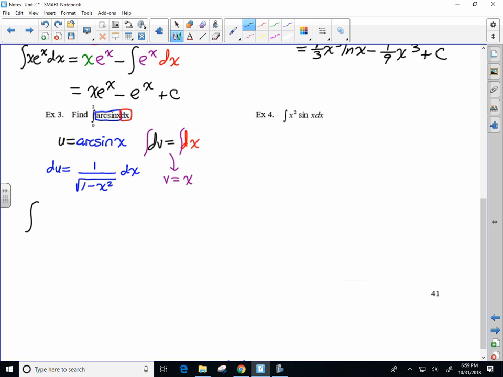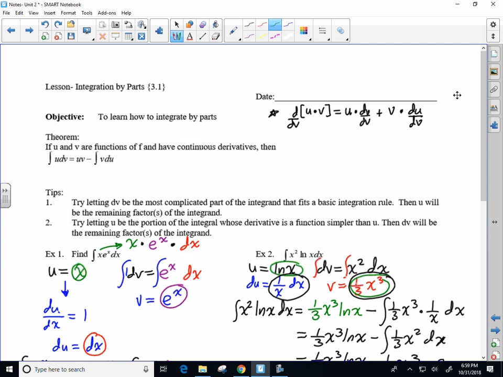So I'm going to leave off the bounds. Arc sine of x dx is equal to uv. Now, for the amount of times we actually will make whatever v is the coefficient of u, you might just want to rewrite the formula and make it vu minus the integral of v du. It happens so frequently that you might just say, forget you textbook, this is the one I'm going with.